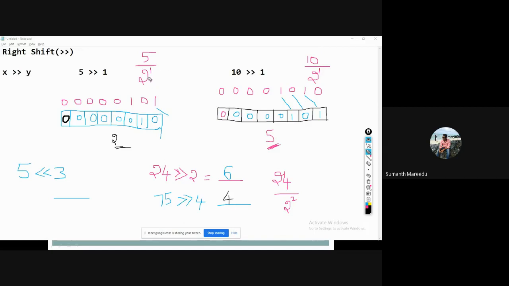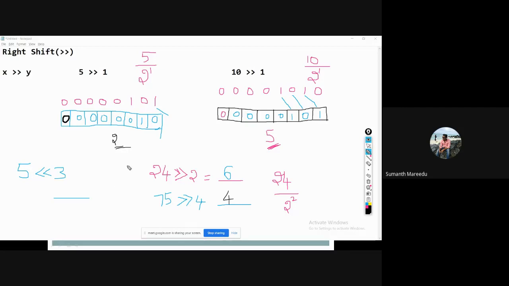Here also, when I divide 5 by 2, it is 2.5. But why do I say 2? There is no decimal part, only the integer part. The decimal part is not considered. If the numerator and denominator are both integers, then you will get only an integer value.